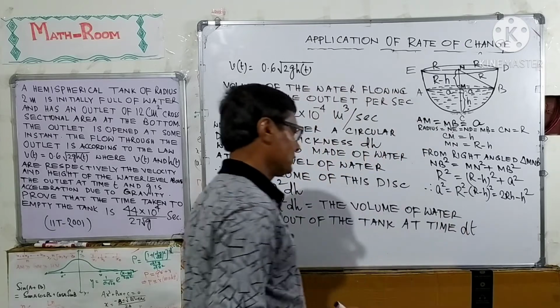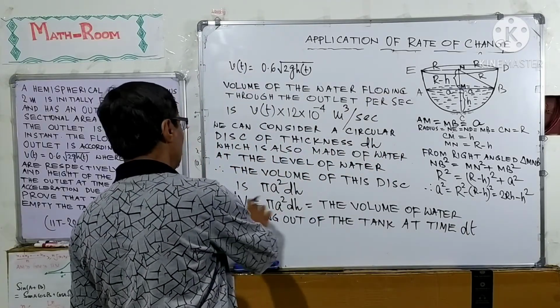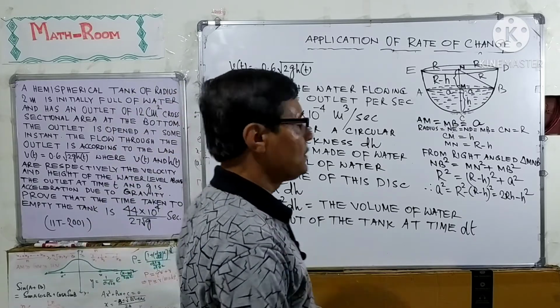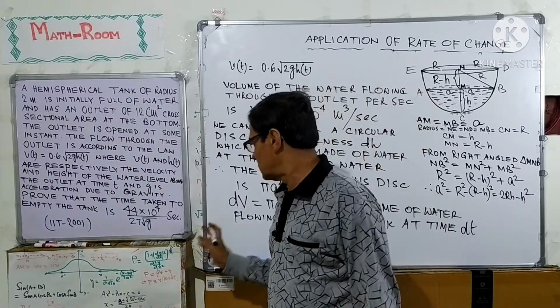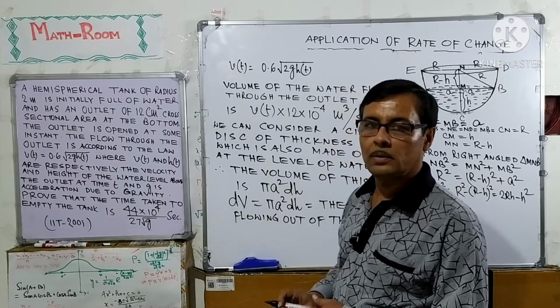At time dt, this dV volume, that is the volume of water, is flowing out of the tank. This is the rate of flowing out of the tank.